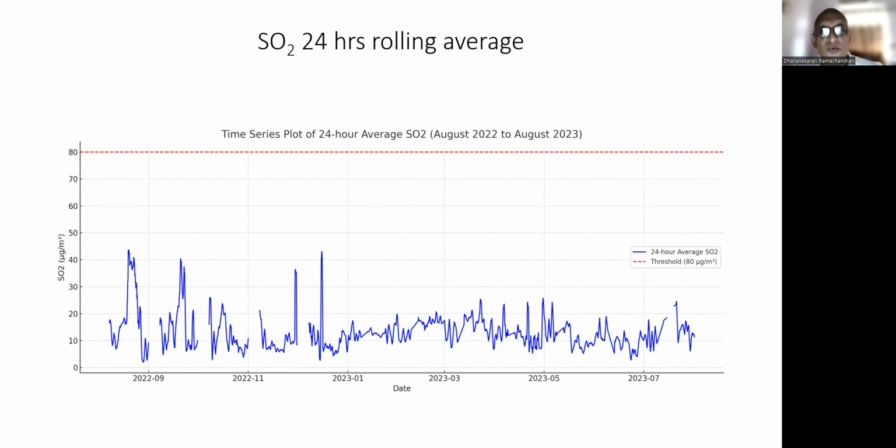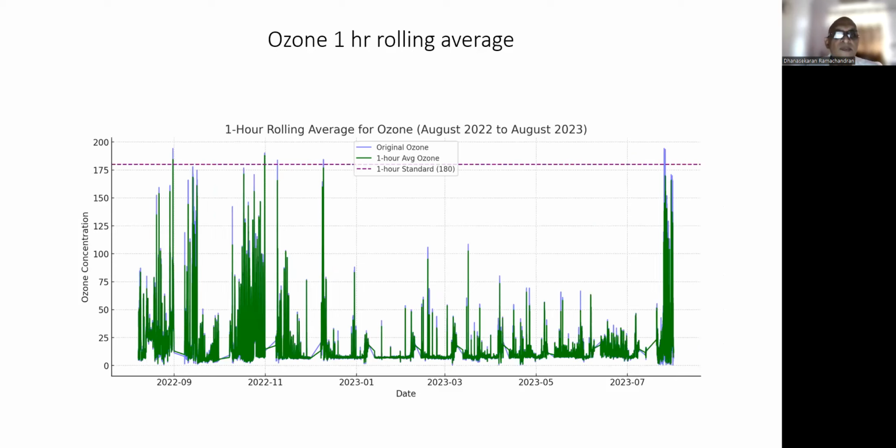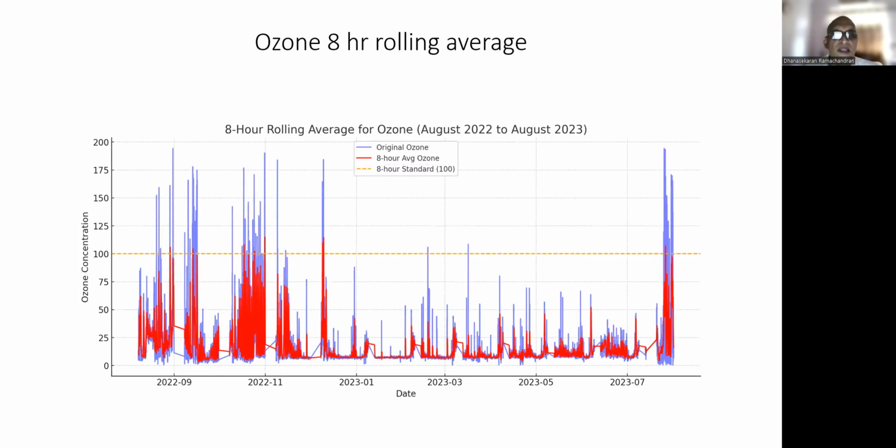The time series plot of SO2 shows full compliance to 80 microgram per meter cube. The ozone 1 hour rolling average shows slightly exceeding the 180 microgram per meter cube. The 8-hour rolling average of ozone, which is 100 microgram per meter cube, has exceeded on very few days.